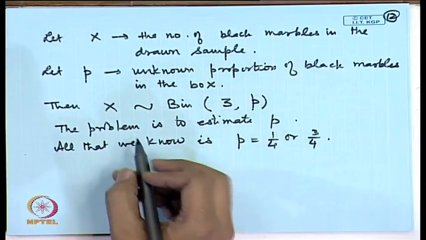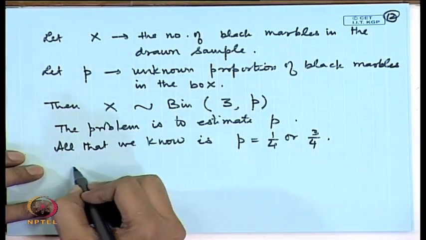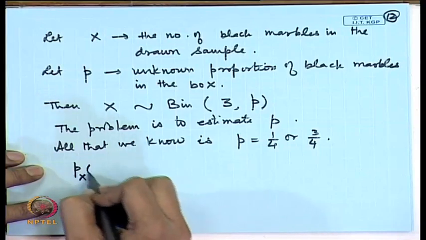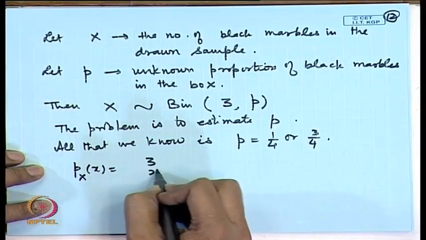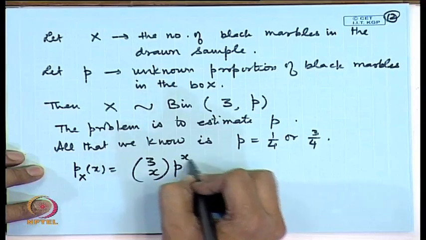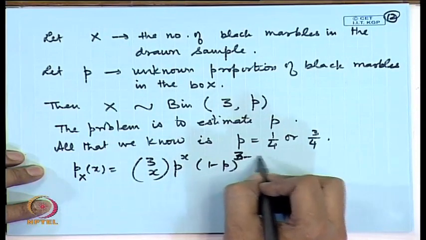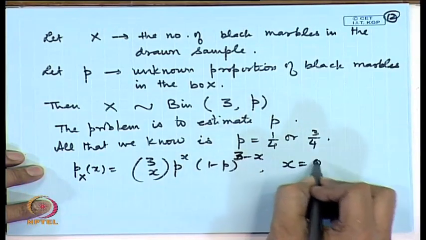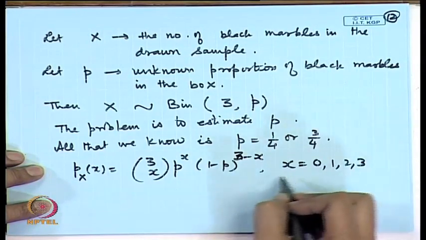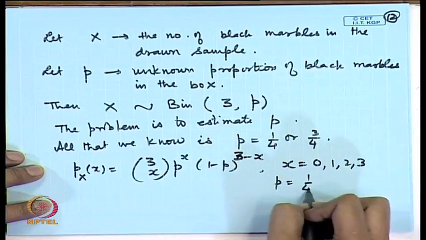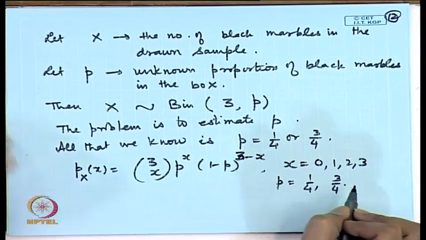So, we may write down the probability mass function of x as 3 C x p to the power x, 1 minus p to the power 3 minus x, x equal to 0, 1, 2, 3, and p is either 1 by 4 or 3 by 4.